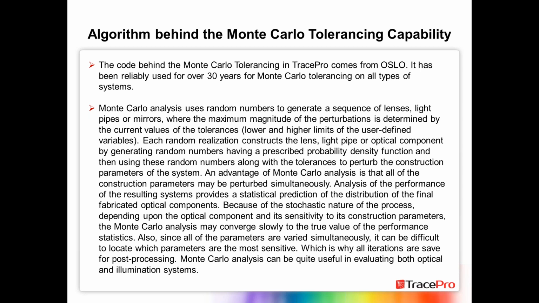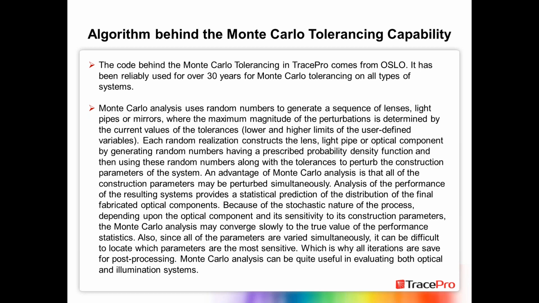So for all the variables that you set, you're going to set a lower and a higher limit, and you can also use user-defined variables, and the system will be perturbed from the lower to the higher limits randomly on each one of these iterations that's being done for the Monte Carlo analysis.